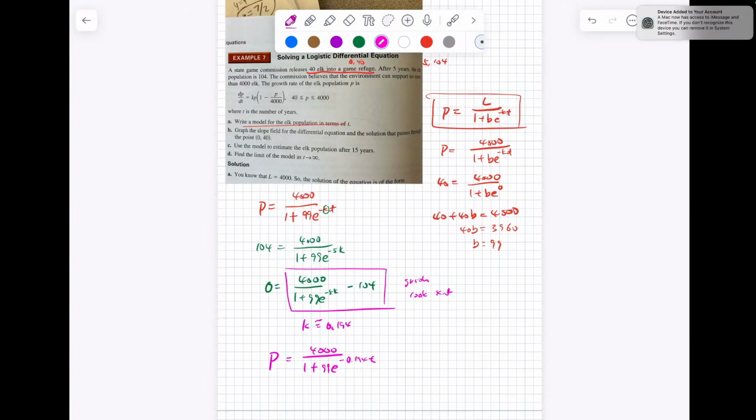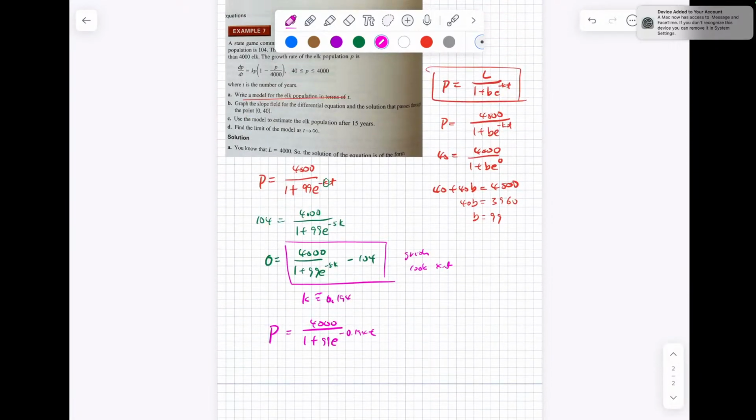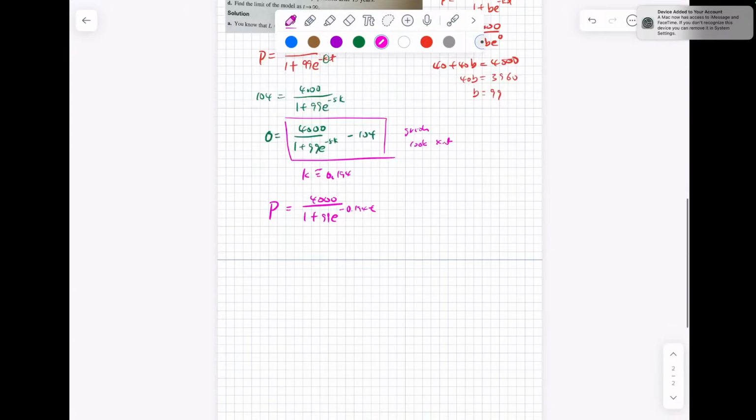Now, part B is to graph the slope field. You're supposed to graph the slope field for part B. They go through 0, 40, but we don't have the tools to graph the slope field. So roughly it's going to be like this.